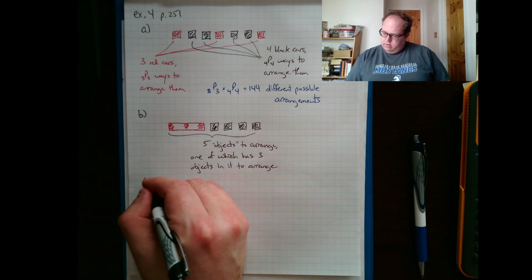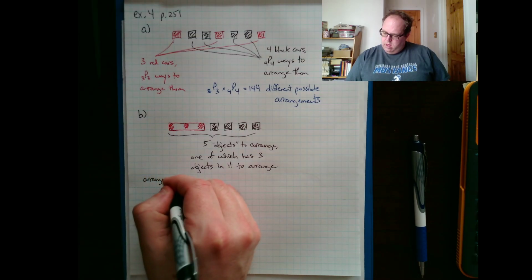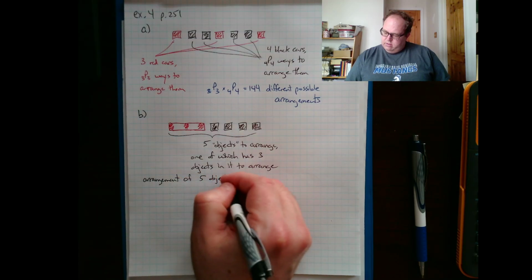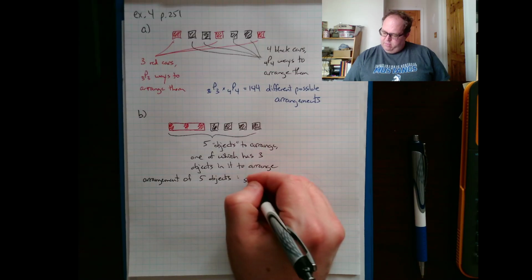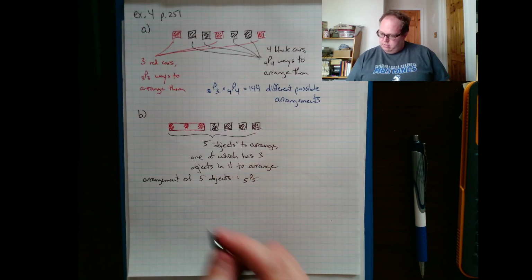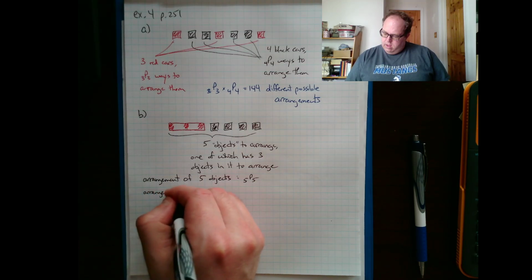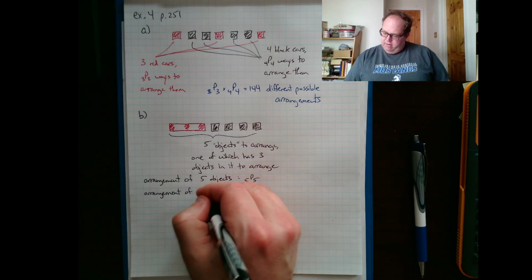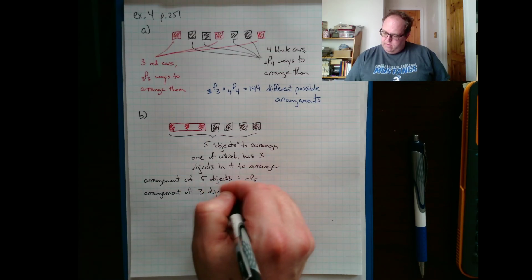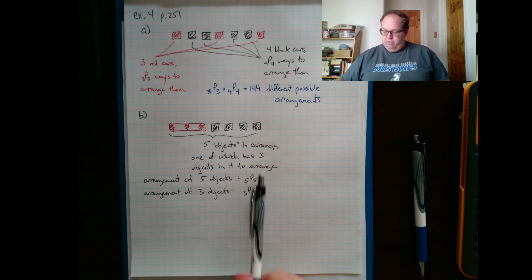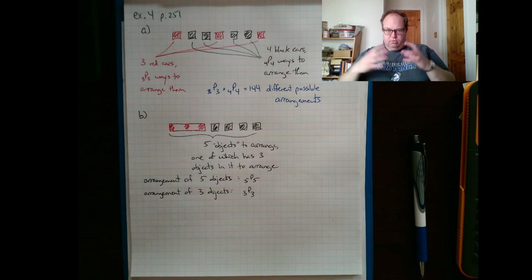So arranging 5 objects would be 5p5, or 5 factorial. The arrangement of 3 objects would be 3p3, and again, both of these arrangements have to happen for one total arrangement to be there.